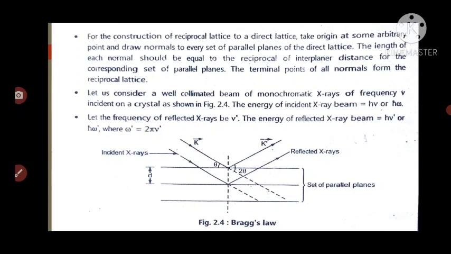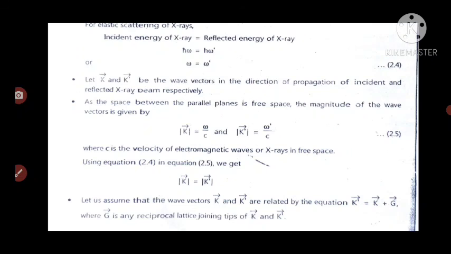In the figure, the incident X-ray makes the angle theta, the incident angle, and is considered as the wave vector k bar, and the reflected X-ray is considered as the wave vector k bar prime. The planes have separation distance d, which is the interplanar distance. This is considered as a set of planes.